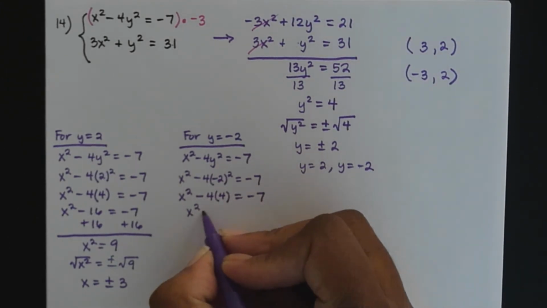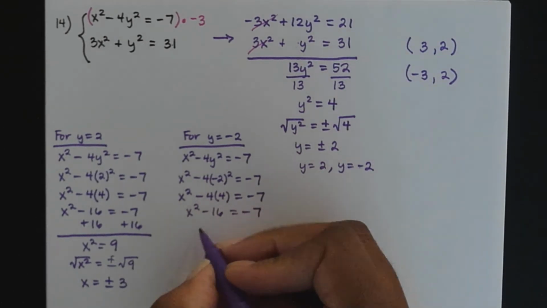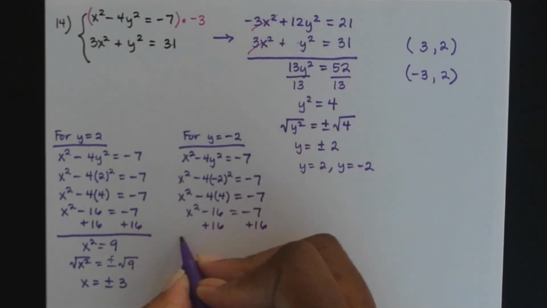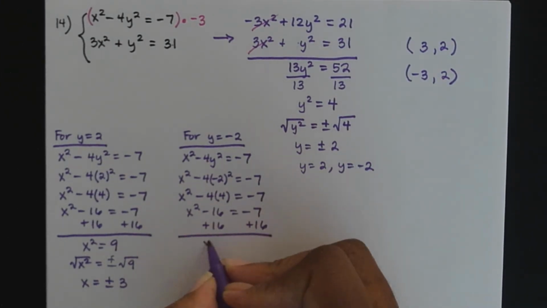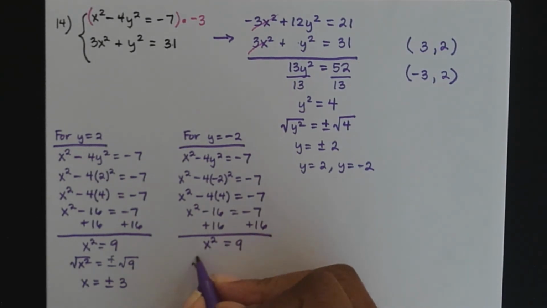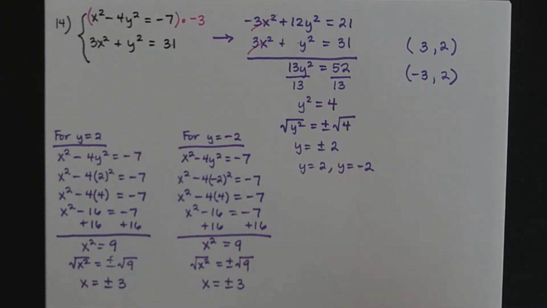Minus 4 times 4 will be minus 16. So x squared minus 16 is equal to negative 7. Again, add 16. That means x squared is equal to 9. And of course, take the square root on both sides and include that plus or minus symbol. You'll see that x is equal to plus or minus 3.